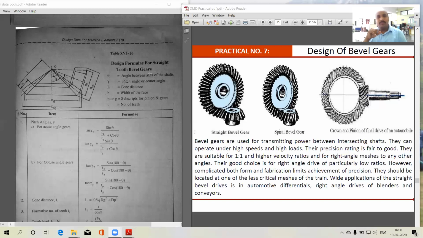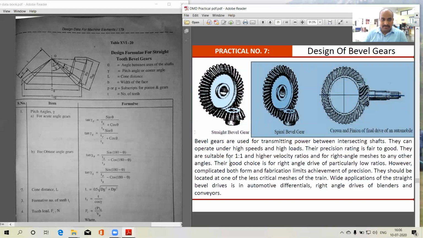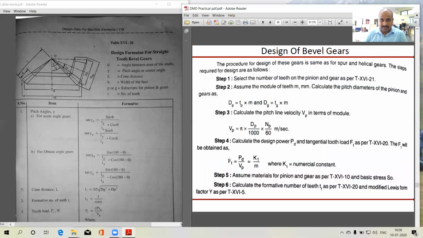From the geometry, you can see that pitch angle is represented by gamma, which is very important. And to calculate that pitch angle, there are some formulas given in the design data book on the left side of your screen.